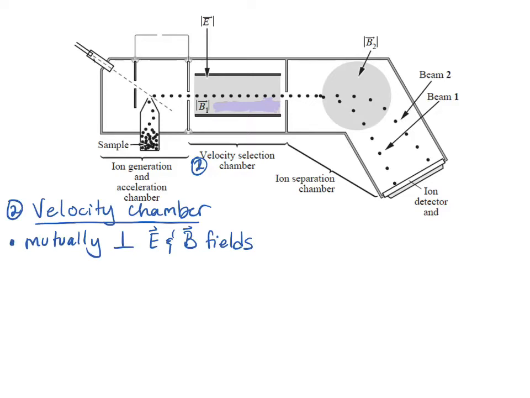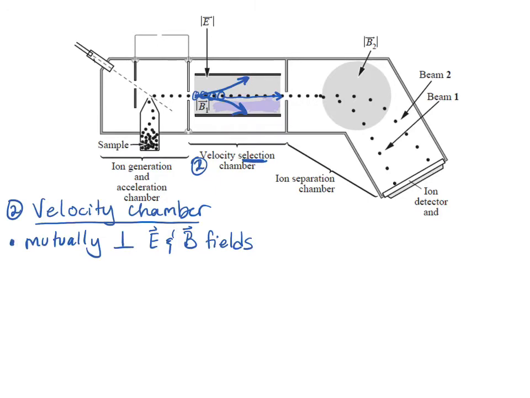Because if we want all these ions to go straight through here like this, we have to have the perfect voltage and the perfect magnetic field strength in there in order for them to go that direction. If they come in here and do this or that, those aren't the type of particles we really want to study. And so that's why it's called the selection chamber, because it's selecting only certain particles to let go through.